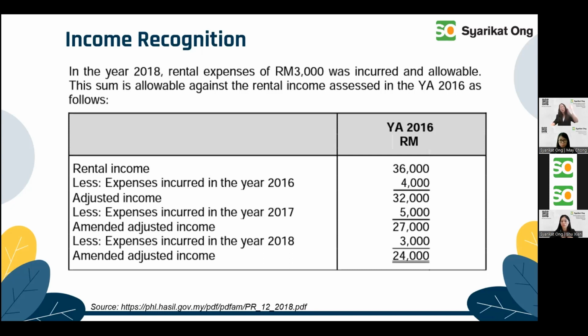So I have to go back to the YA16 tax computation once again and do another revision to bring the taxable income of that rental down to its correct amount by having 3 years of expenditure in the picture, ladies and gentlemen. So when you as a property owner, or an agent negotiating for your clients or for yourself, a rental advance payment, you need to take note of this tax treatment.